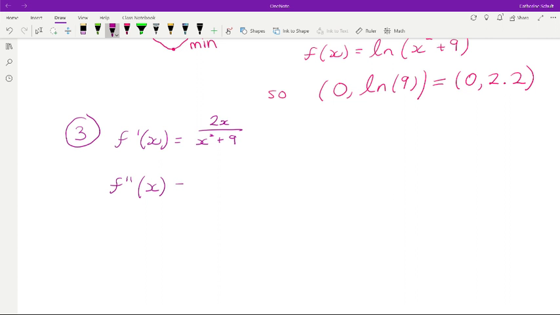All right, so it's the quotient rule. Let's take the derivative of the top, and then we take the derivative of the bottom, which happens to be 2x, and then divided by the bottom squared. Okay, so let's clean it up.